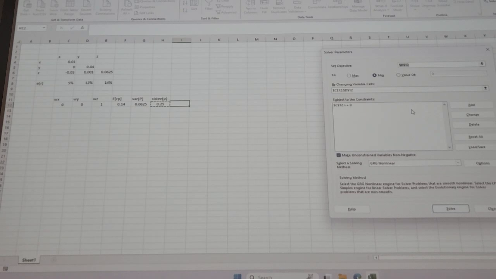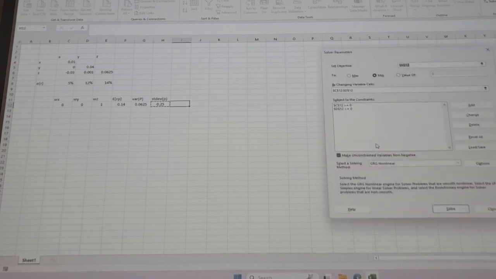So keep adding, cell reference, we want this guy greater than or equal to 0. Can those be grouped or do I have to add them separately? I don't think you can group them. I think you have to do one by one. And then the other constraint is that the sum of the weights has to be equal to 1. Hold on.